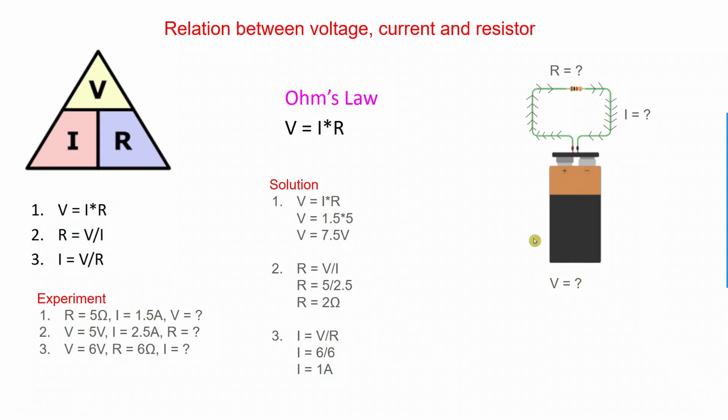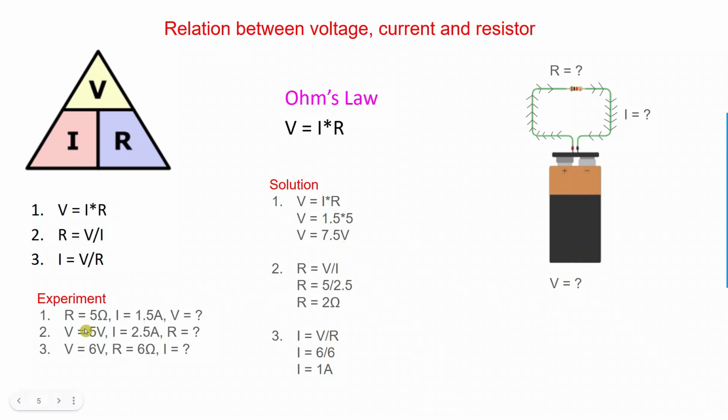Now, the solution: V equal to IR. We have the I and R values. I equal to 1.5 into R equal to 5 ohm. So V equal to 1.5 into 5 equal to 7.5 volt. So in this circuit we found the value of V is 7.5 volt.